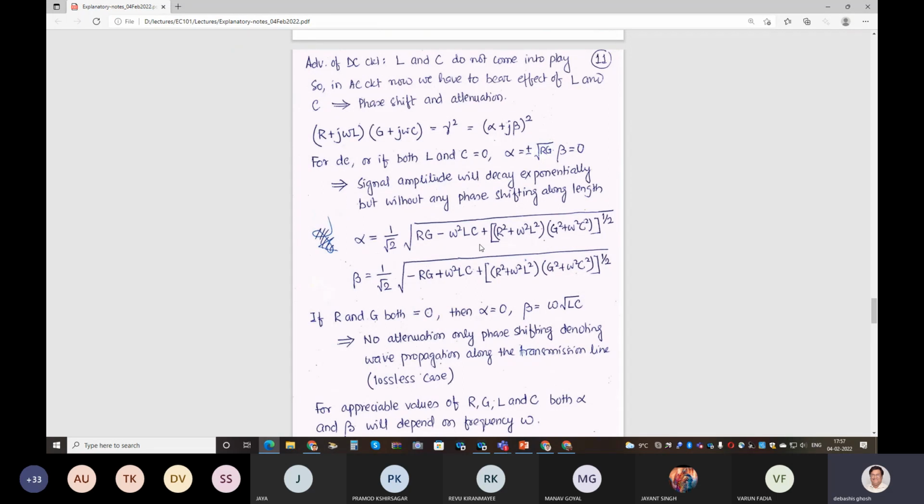For message transmission using electromagnetic waves, we can use transmission line only at lower frequency. At higher frequency it is not good, so we have to go for waveguide or wireless transmission. Transmission line is good for only smaller frequency.